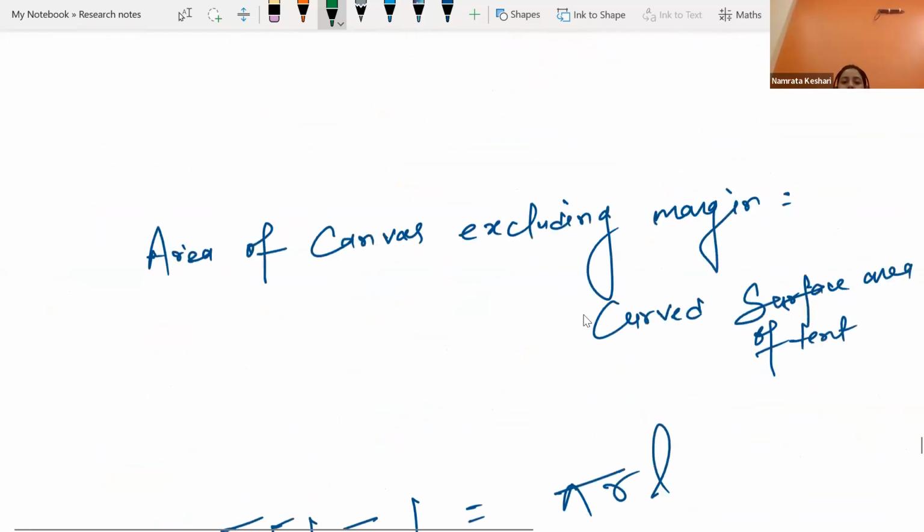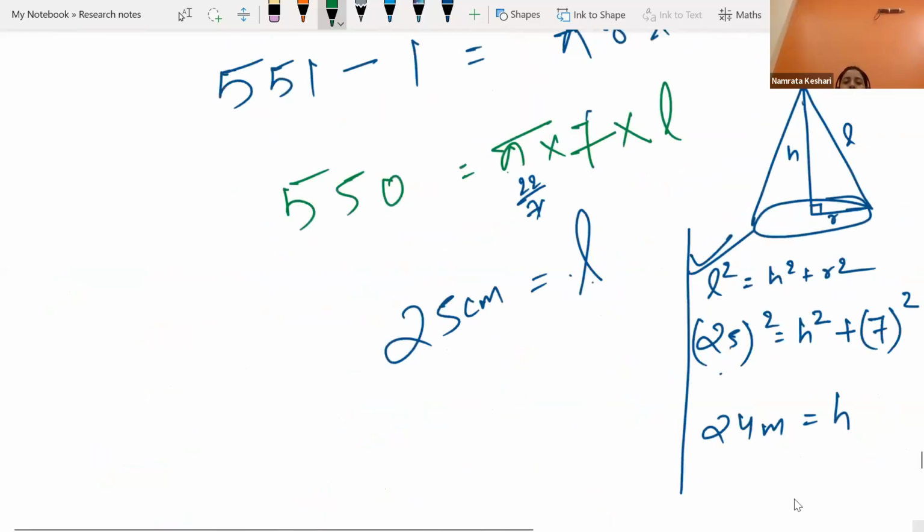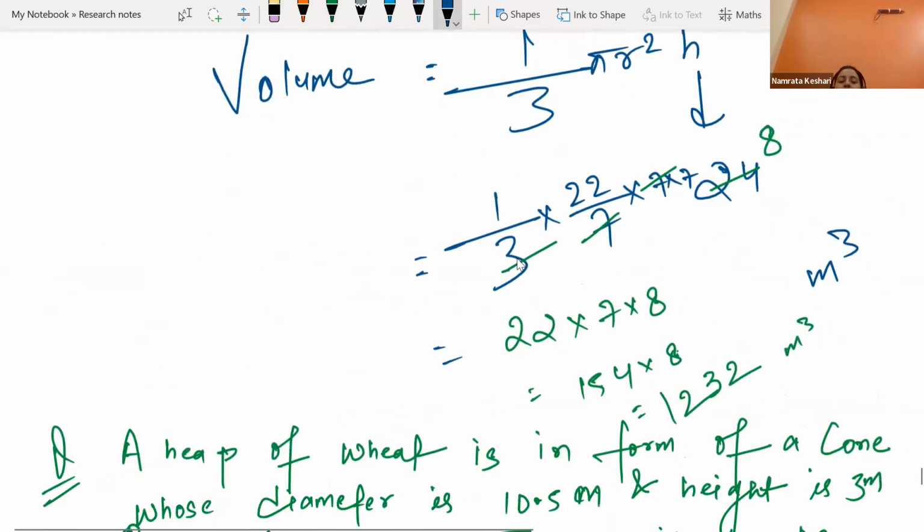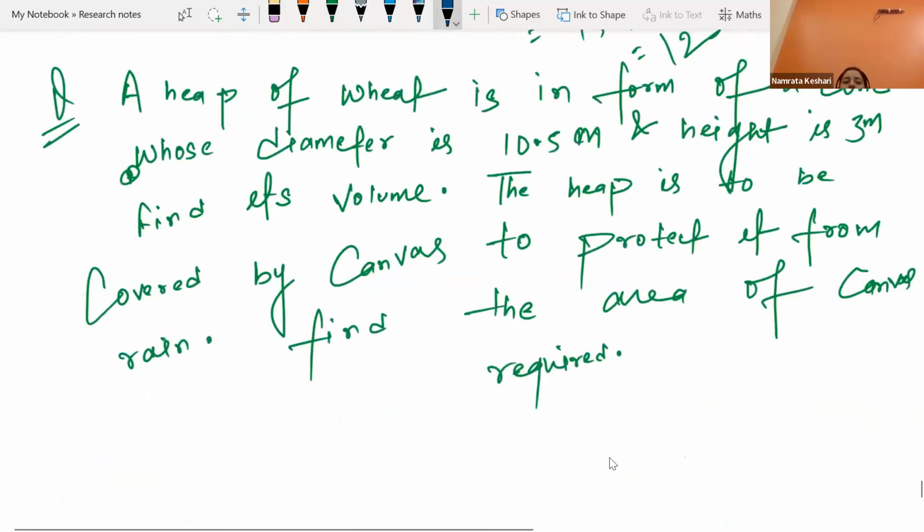Yes, 1232 meter cube. Okay, yes, this will be the volume. Let's do the next one.